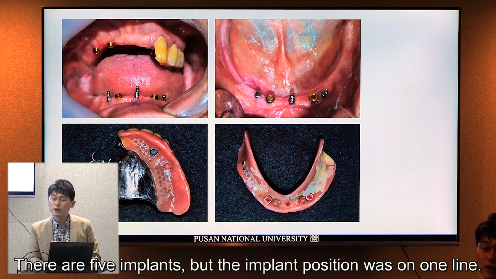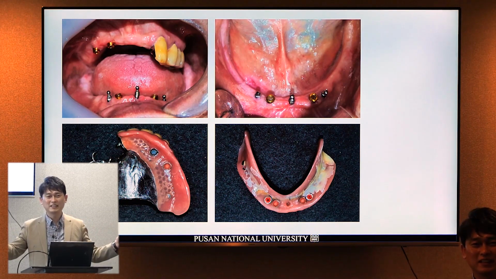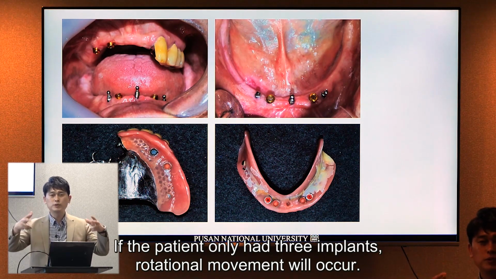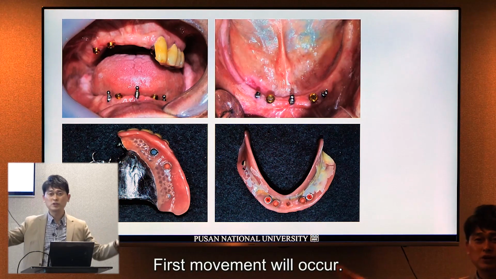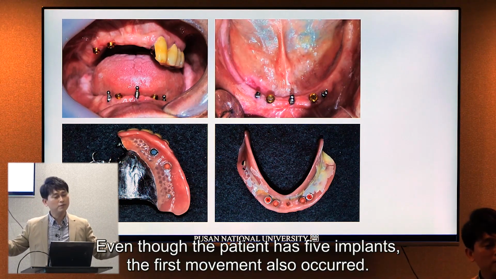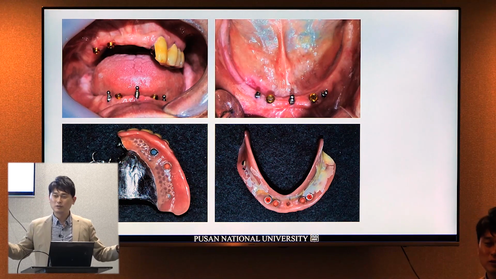There are five implants, but the implants are positioned on one line. If the patient has only three implants, the rotational movement occurs. Even though the patient has five implants, the rotational movement also occurs. Do you know what I mean?